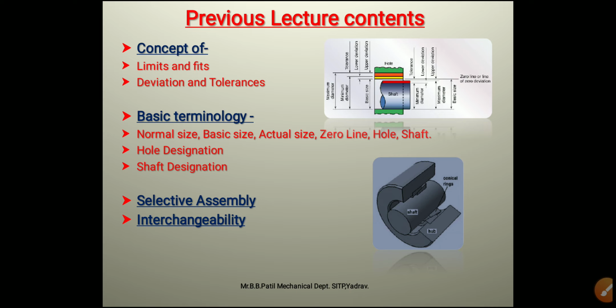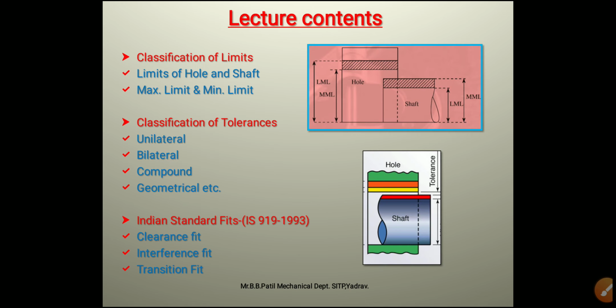So coming to today's lecture content, today we are going to see classification of limits, limits of hole and shaft, maximum and minimum limit. Then we are going to learn about classification of tolerances. Basically there are two main types of tolerances, unilateral and bilateral.